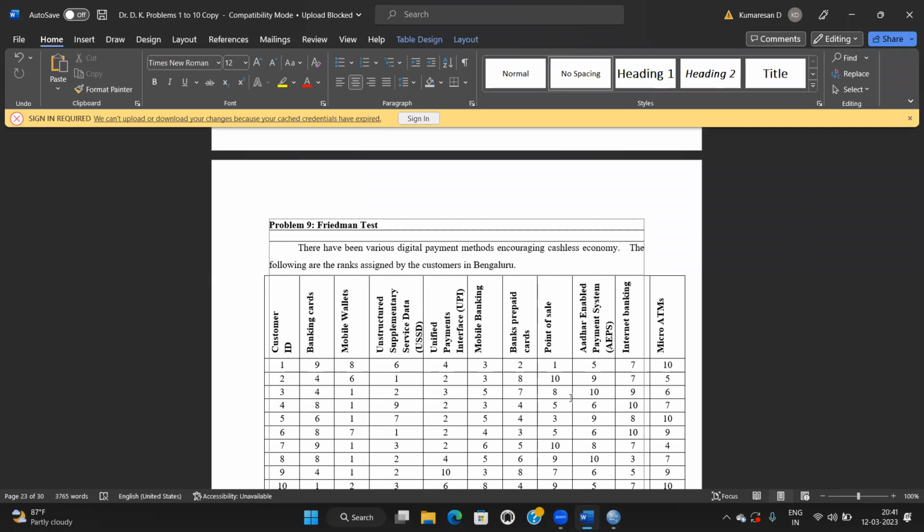For parametric tests, there are 2 conditions. Number 1, the data should be normally distributed. For the non-parametric test, data may or may not be normally distributed. Second condition, for the parametric test, the data should be scale data. Here, the data is ordinal data. That's all.